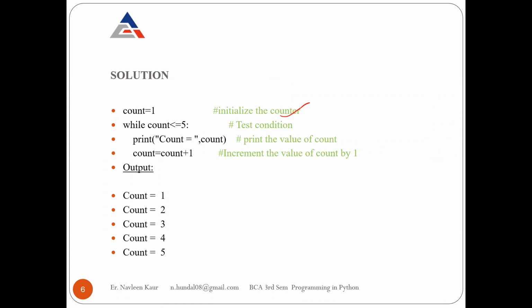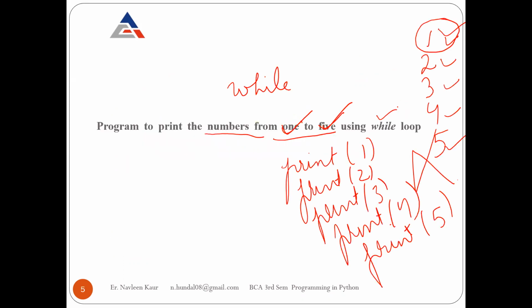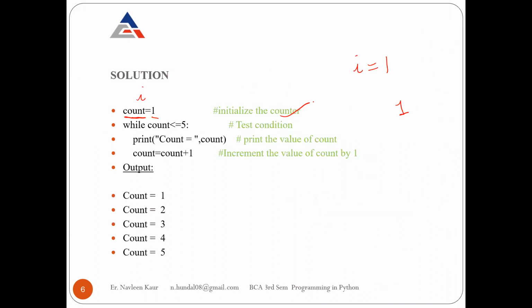In C++, you remember we always do i equals 1 initialization. Similarly, you can write here in place of count, you can write i, that's your choice. But the name of my variable is count. And I have set count to 1. It means my counter will start from 1. Why? Because it is mentioned that I have to start printing from 1.